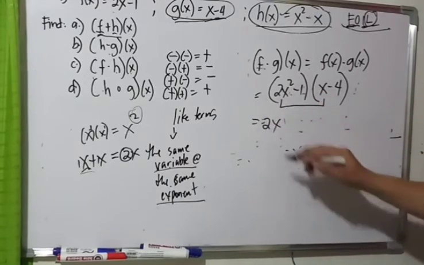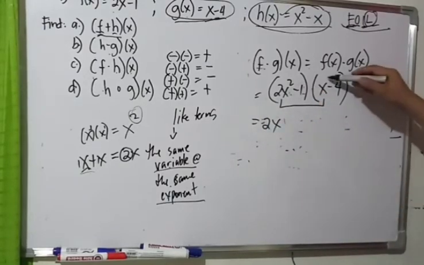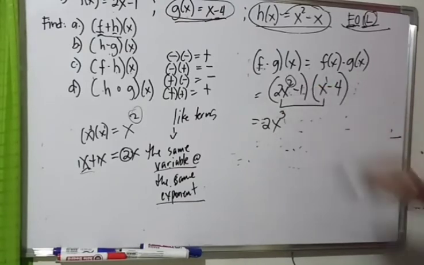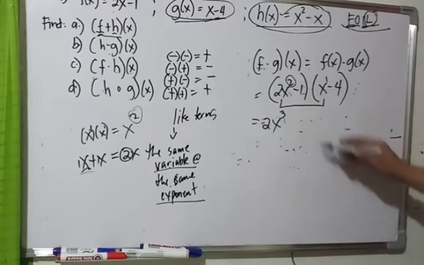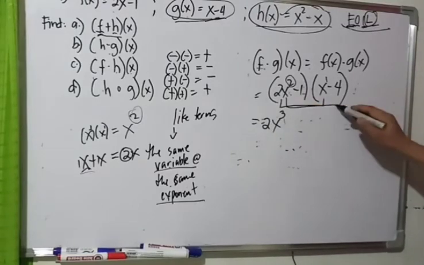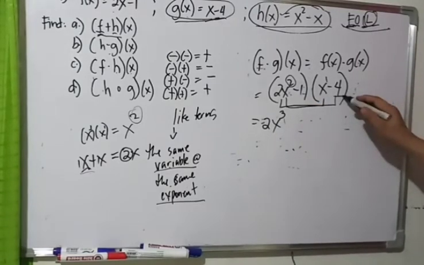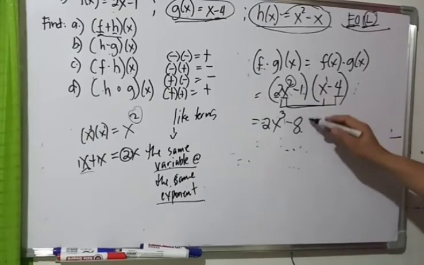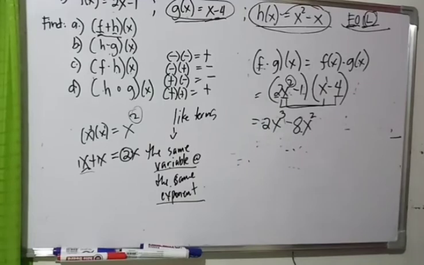Copy the variable. It is understood there is a 1, so add the exponents, that is 2x cubed. Then 2x squared times negative 4. Negative 4 times 2 is negative 8. Then copy the variable and exponent, that is negative 8x squared.